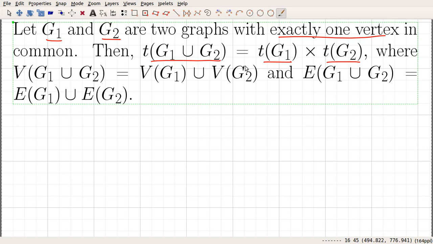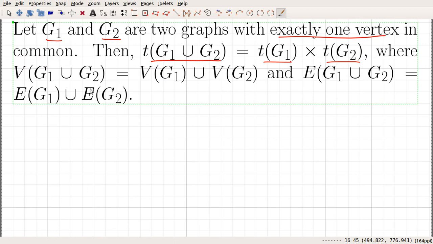Okay, and here G1 union G2 is defined in the usual set union, graph union kind of thing. So here the vertex set of G1 union G2 will be equal to the vertex set of G1 union the vertex set of G2, and the edge set of G1 union G2 will be equal to the edge set of G1 union the edge set of G2.